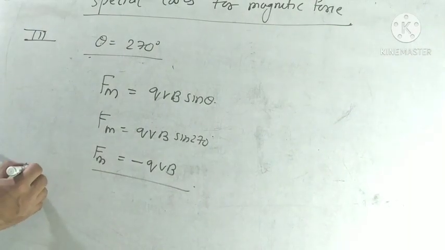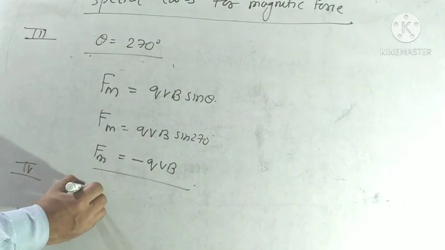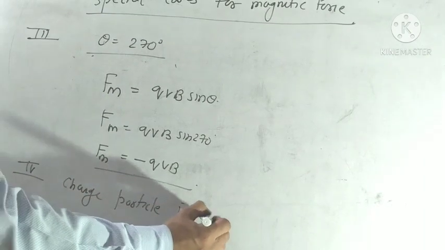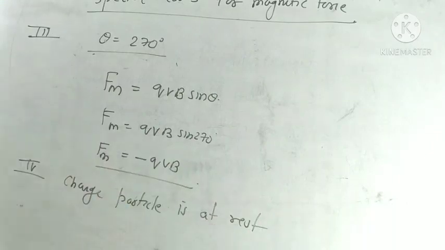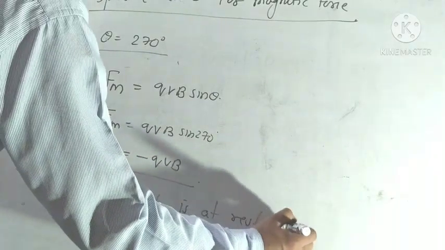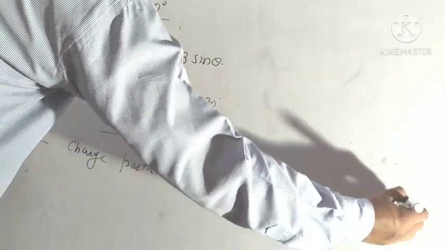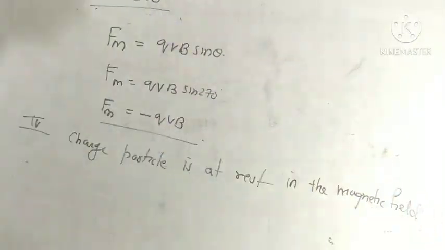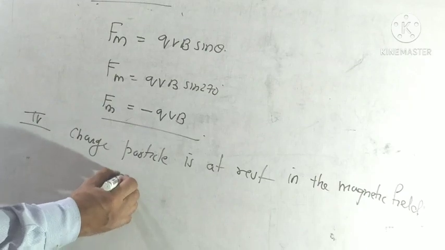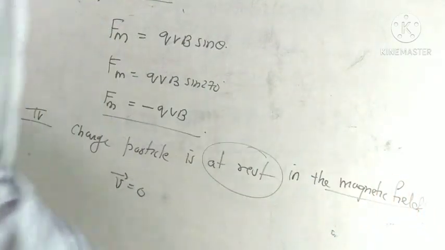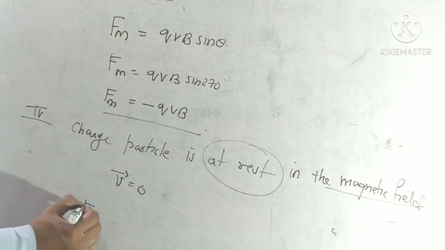And case number 4: when the charged particle is at rest in the magnetic field, then velocity is equal to 0.